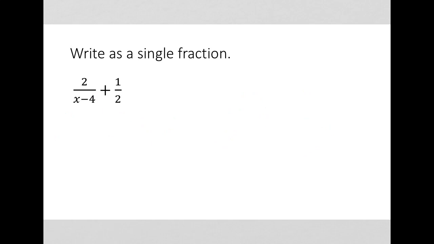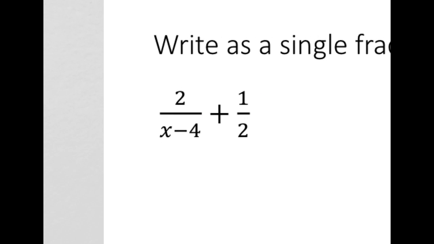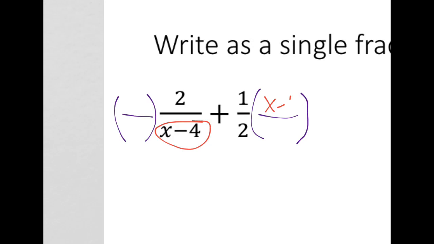One more that we want to do here, same idea. We're going to have to multiply both by something, by the denominator of the other over the denominator of the other. So let's take x minus 4 for this fraction.